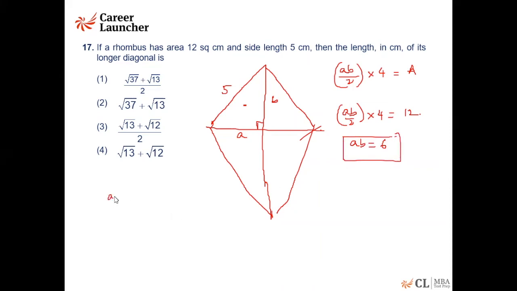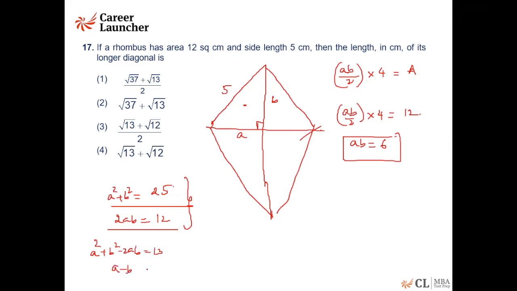We also know that A squared plus B squared by using Pythagoras theorem must be 25. So let me write 2AB is equal to 12. In one case, I will subtract 2AB, so I'll get A squared plus B squared minus 2AB is equal to 13.